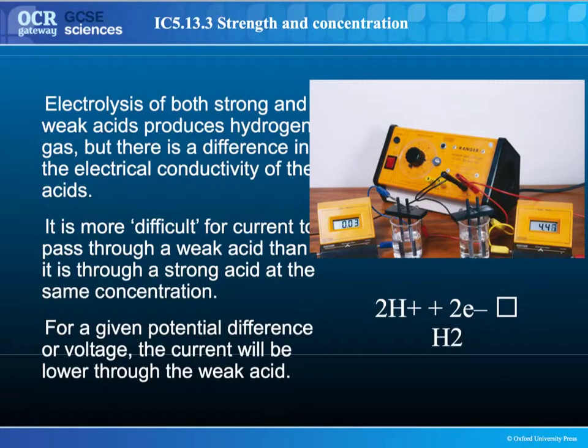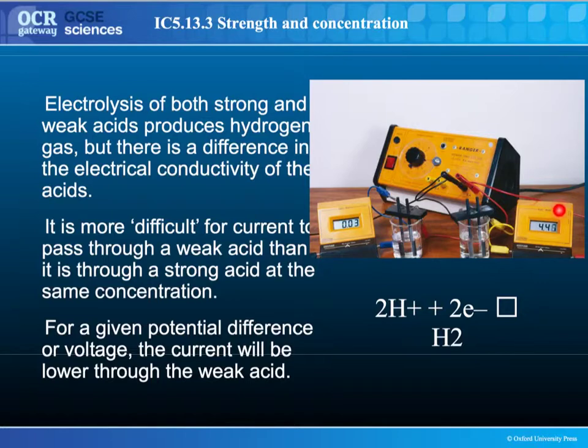A way to tell how strong an acid is, other than using pH, is to use electricity. Charged particles carry electricity. So if you have hydrogen ions in an acid, they will carry charge. The more hydrogen ions are present, the more charge will be carried through that acid.